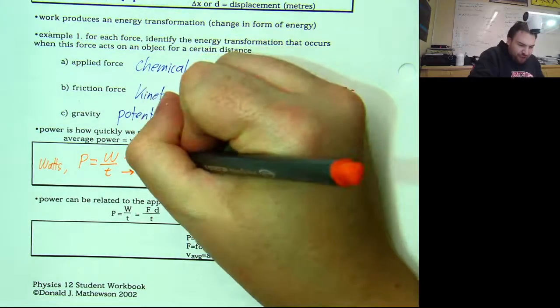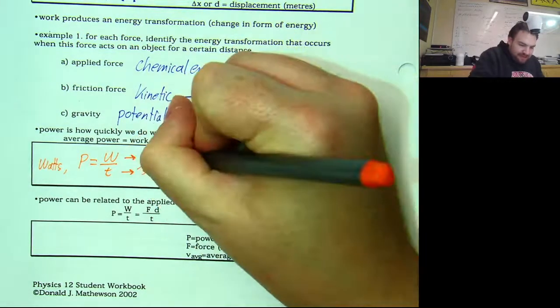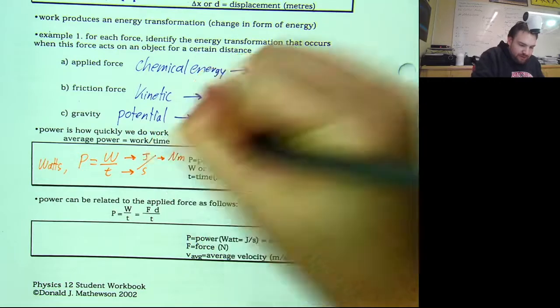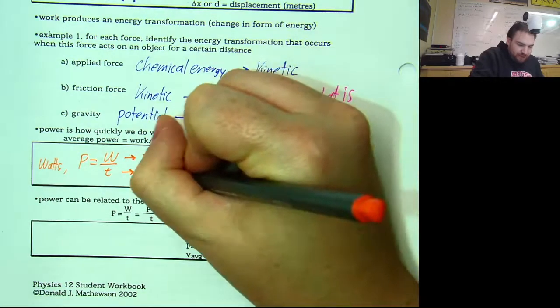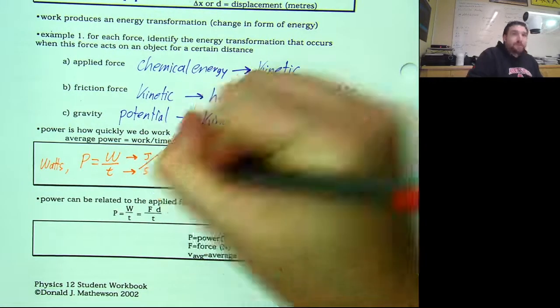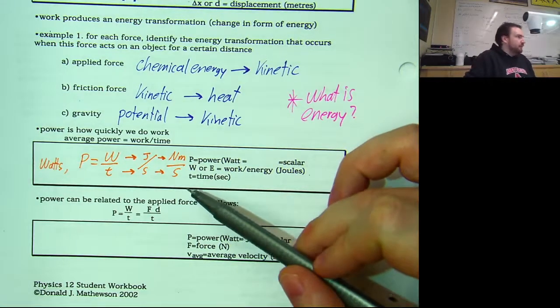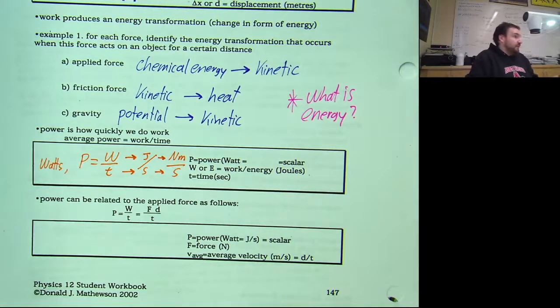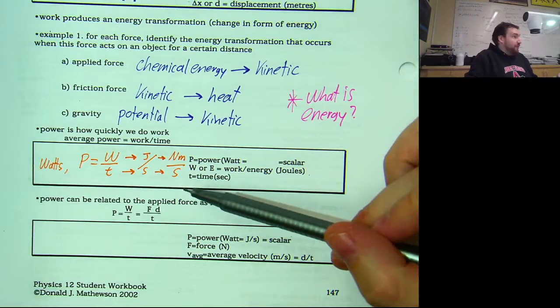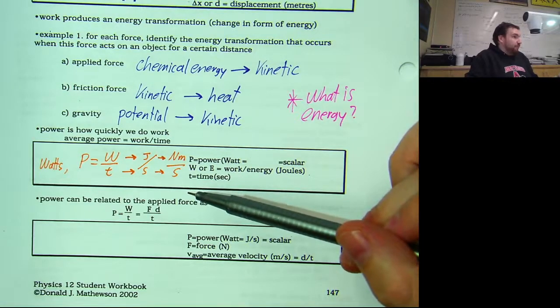But we do know that a joule is a Newton meter. So I've actually got a Newton meter per second. So you could think about it as being connected to torque, or you could look at the units a little bit differently and say, okay, instead of a torque per second, which you could talk about, that's often how we rate cars in terms of their ability to produce power.